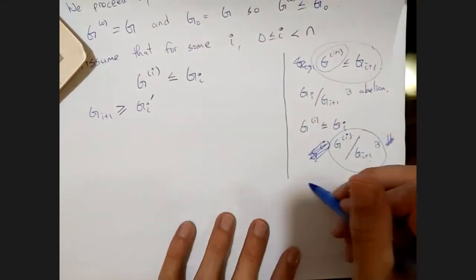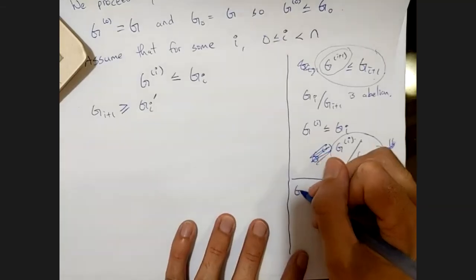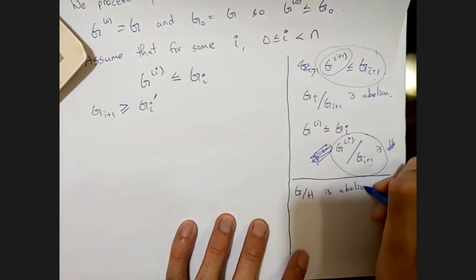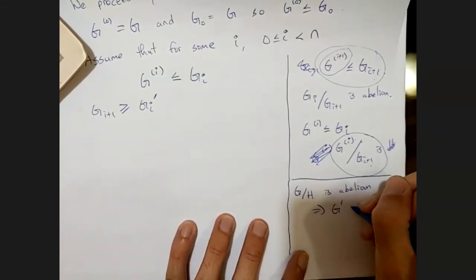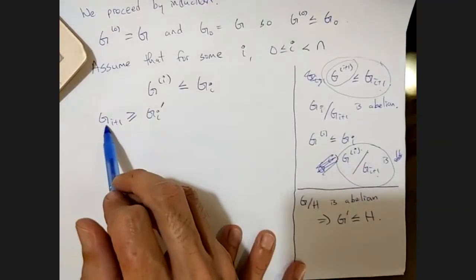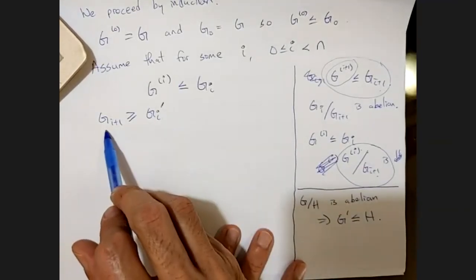Because, well, I'll just write that fact down here: if G mod H is abelian, that implies that the commutator of G is contained in H. So here, G_i mod G_{i+1} is abelian, so the commutator of G_i has to be contained in G_{i+1}.